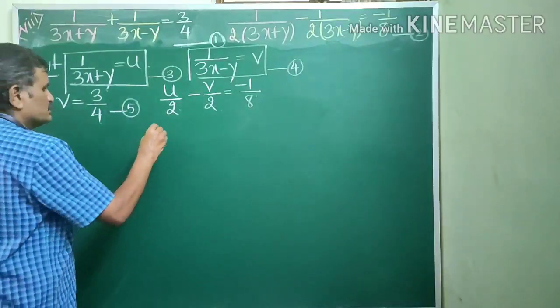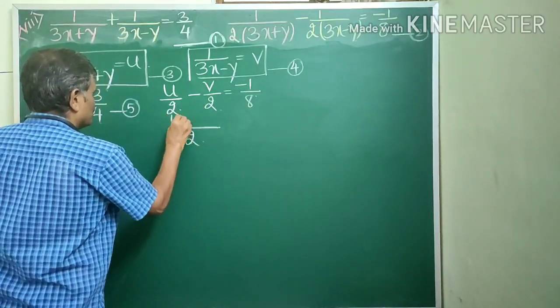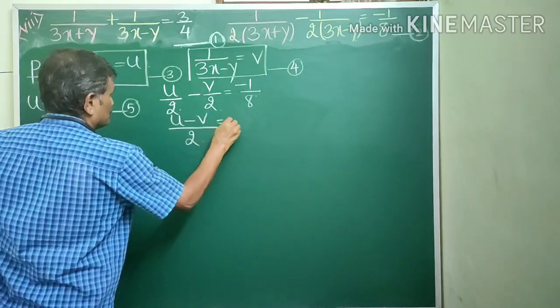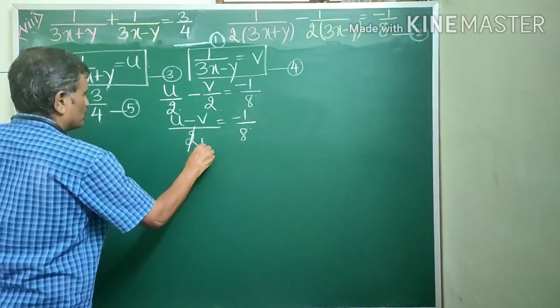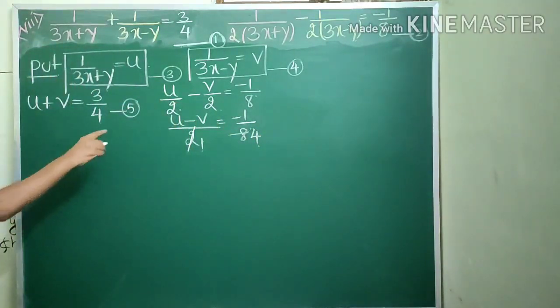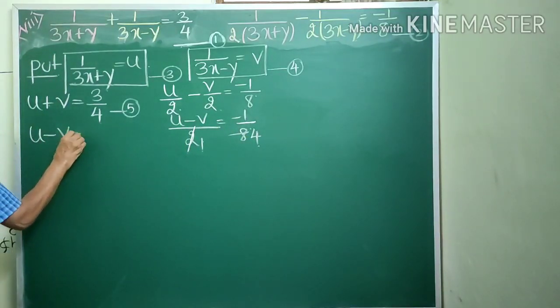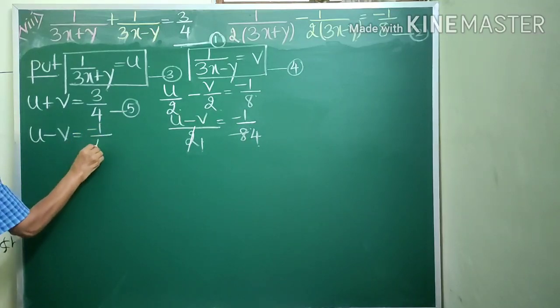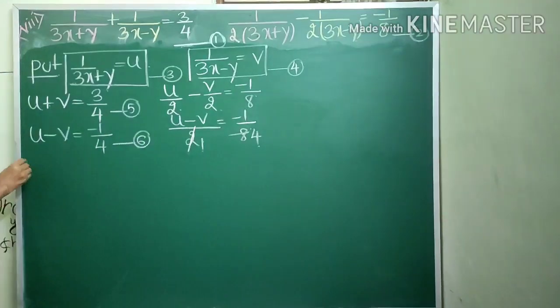Again, if I take the LCM here, the LCM of this is 2, and u minus v is equal to minus 1 by 8, 2 1s are 2, 2 4s are 8. So I can write it as u minus v is equal to minus 1 upon 4. This I will call equation number 6.